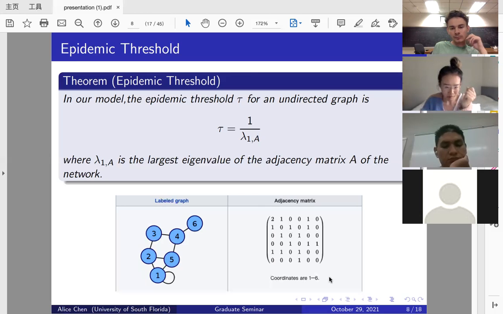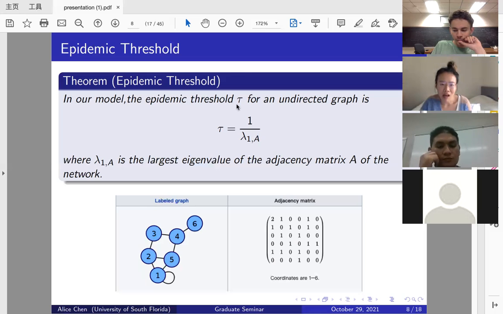For example, consider the second row, which denotes the connections of the second node. The second node has a bond with the first node, so we put 1 here, and it also has a connection with 3, so we have an entry 1 in the 3rd position, and the same for the 5th. If you do the same thing, you can see this is symmetric. If you do not consider self loops, the diagonal is always 0, and it's a real symmetric matrix.